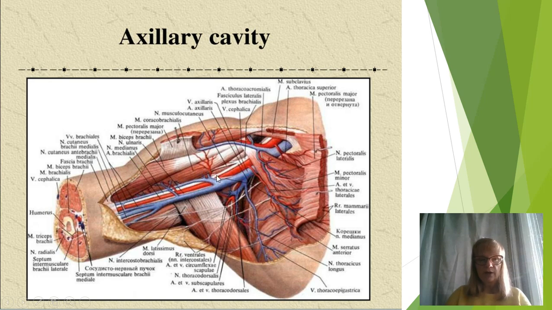Around the axillary artery you see components of the brachial plexus, exactly the infraclavicular portion, with the medial, lateral, and posterior cords of the brachial plexus. More about the nerves and arteries we will have in other lectures, and in the second course we will study their structures in the axillary fossa more deeply.